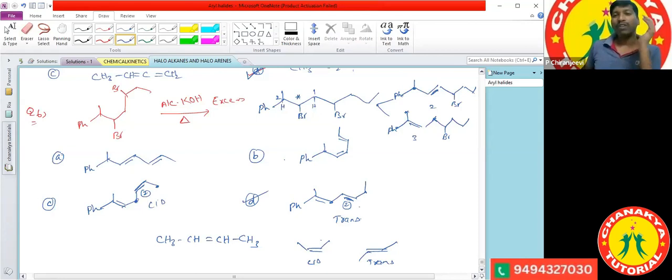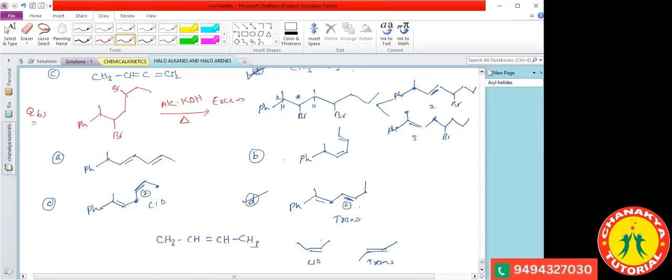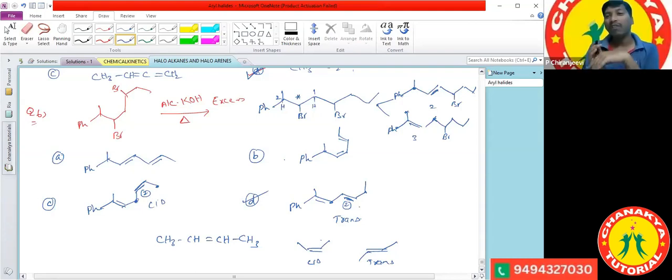First you go through the concepts and first you practice simple questions. Sir, where will we get simple questions? Some MTG questions are there, and at the back of the NCERT textbook some conversions are there. We all are using Academy books, is it right? Yes, sir. Okay, at the back of the Academy textbook they have given some conversions. Please first practice that, then only you can get the clarity, because all of these are conversion based questions.